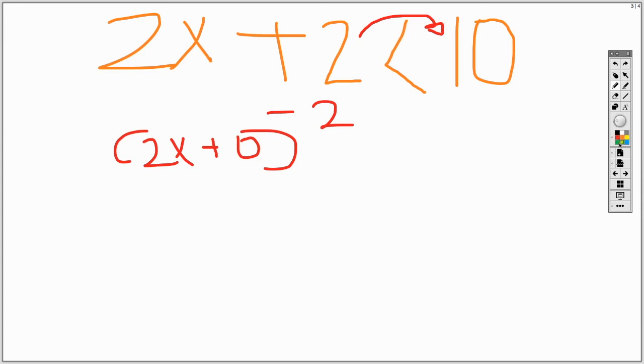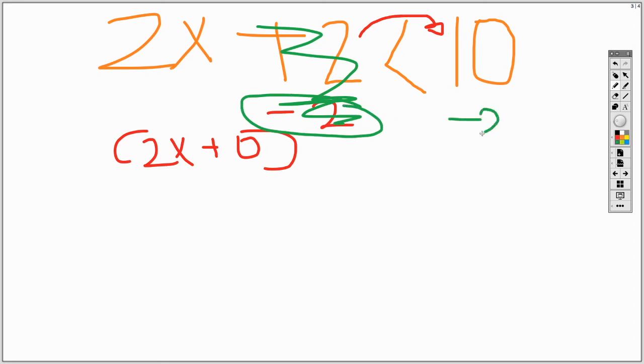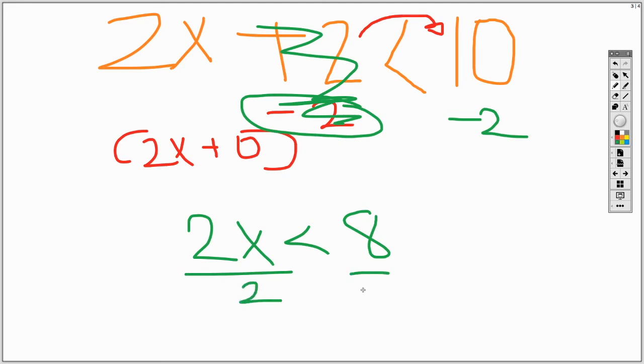What I do on one side I do on the other, and then we have remaining 2x is less than 8. Then I divide to get x is less than 4. And boom, that's how you get your answer.